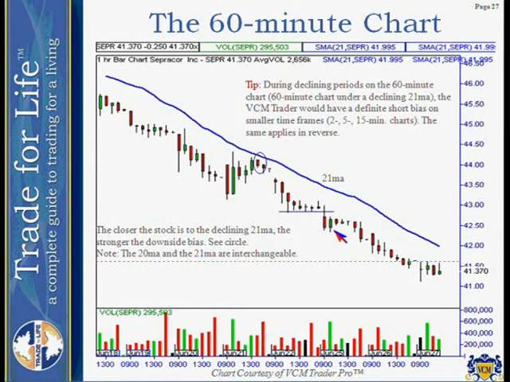Your 60 is at a key area right here, at or near its 20-period moving average. The extra kick to the downside: your plays are going to get extra kick when the 15 and 60 are at key locations. But you're going to trade your 5, your 2, your 1 in the direction of the daily bar.